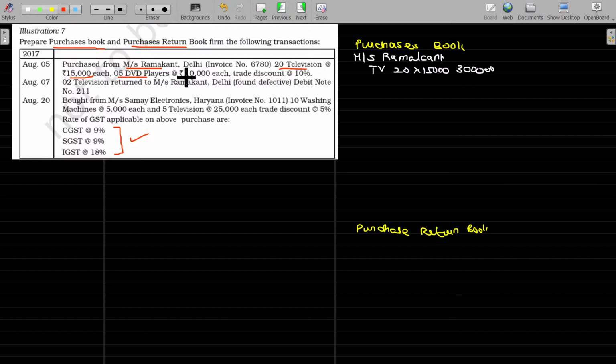And 5 DVD players at rupees 10,000 each, 50,000. The overall value being 3.5 lakhs. And the trade discount that should be subtracted, which is 10% on this, 35,000. Then the ultimate value being 3 lakhs 15,000.